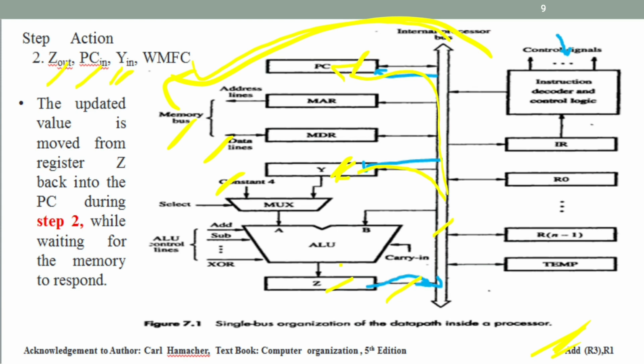When it completes putting this instruction word from its content onto the data lines of the external memory bus, it will send a memory function complete signal to the processor. So this signal makes the processor wait till memory completes that operation.